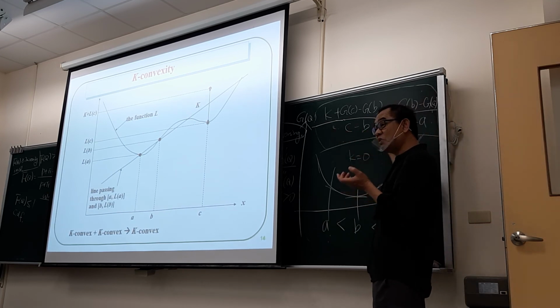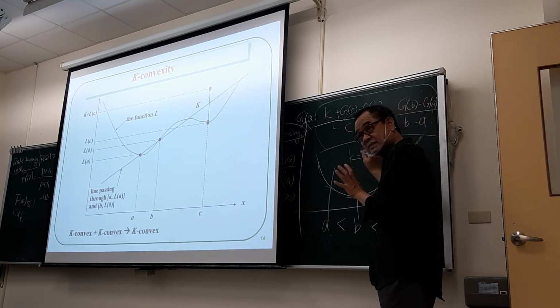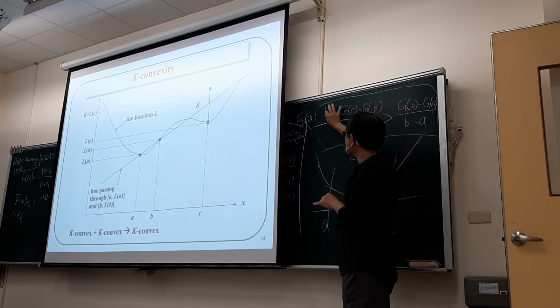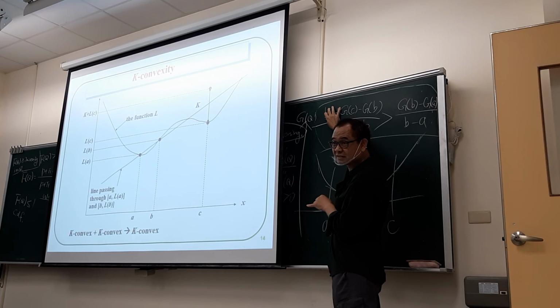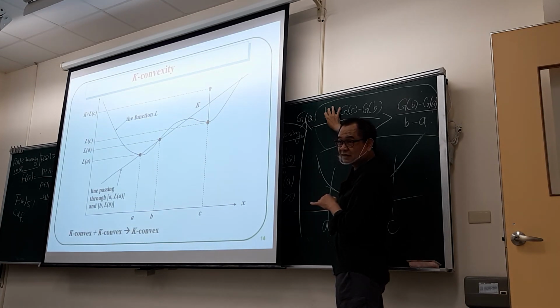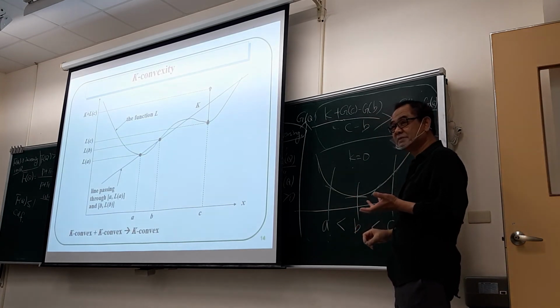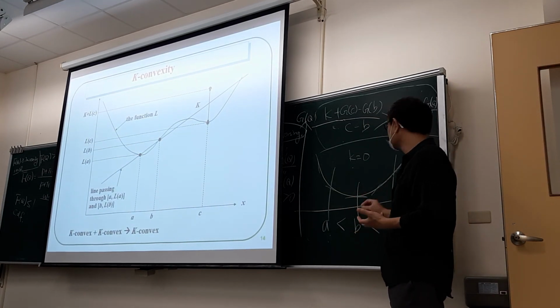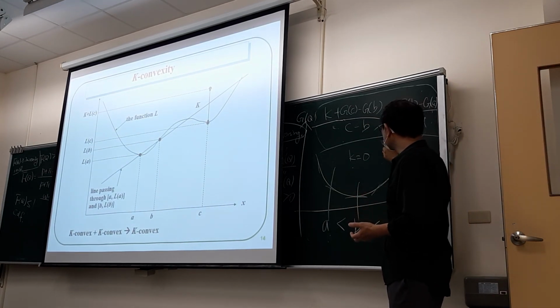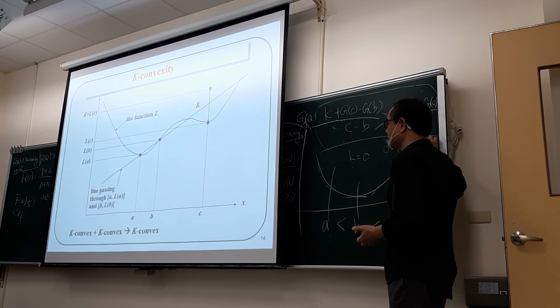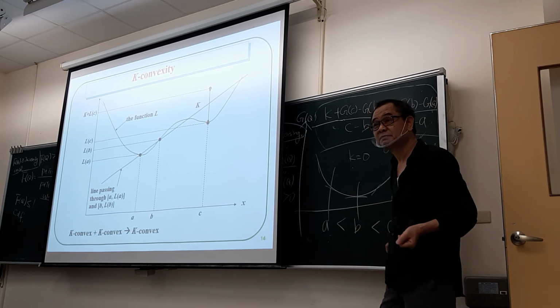If this holds for the K-convex, K equal to 0, then this holds for the convex. So what is a convex? From the idea of K-convex, this is also called 0-convex, meaning K equal to 0.